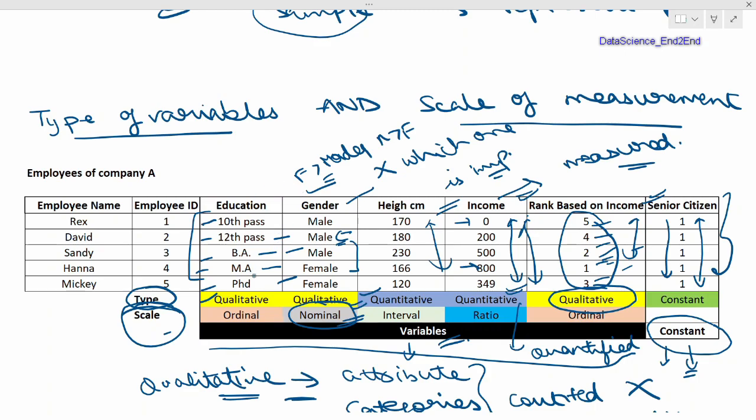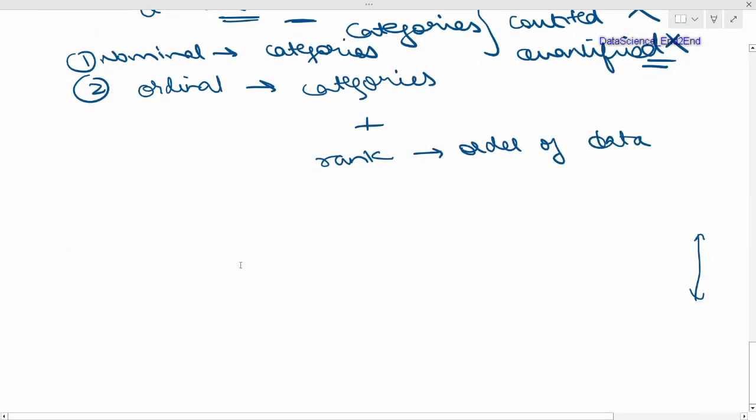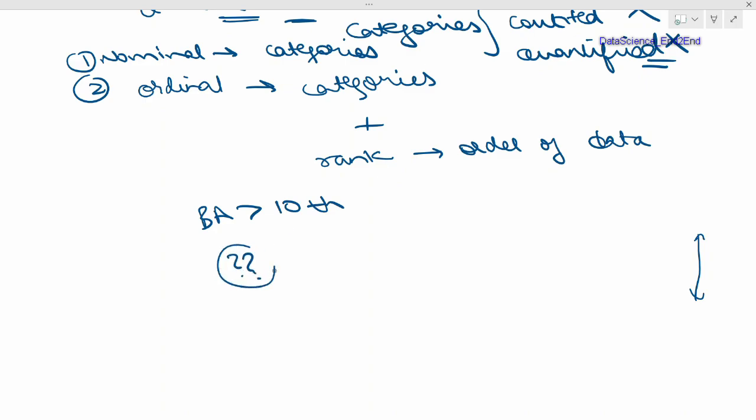So in case of ordinal variables, we are creating categories, but at the same time, we are also making sure that values are ranked. That is, BA is higher than 12th, 12th is higher than 10th, etc. But how much more important BA is than 12th or MA is than BA, we are not telling yet. So basically, we know BA is more important than 10th, but how much? What is the difference between the two? We are not telling that.